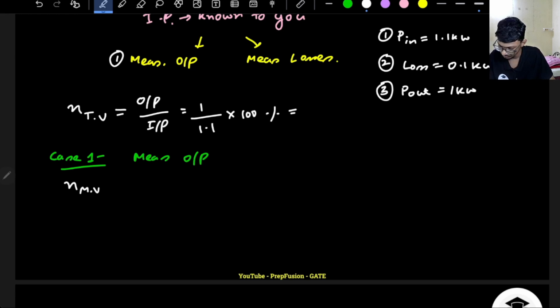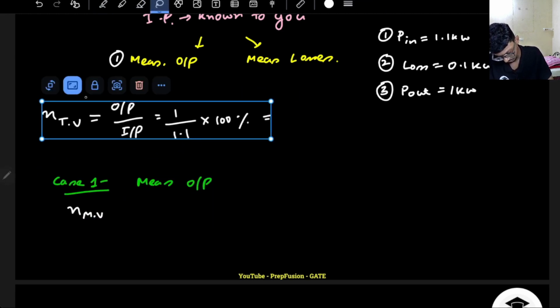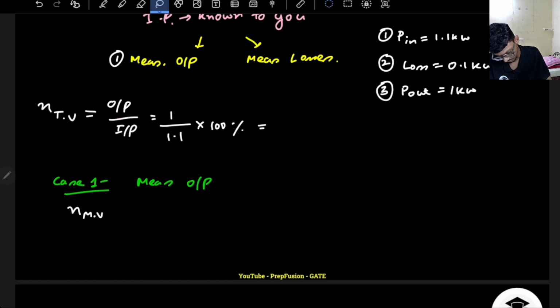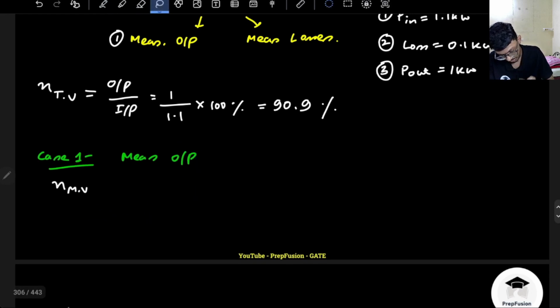So this will be 1 divided by 1.1 into 100, so 90.9 percentage. Okay, this was case 1. This was the true value, this is what I am expecting.